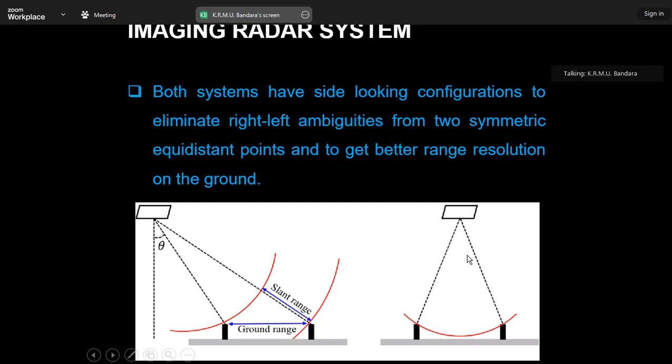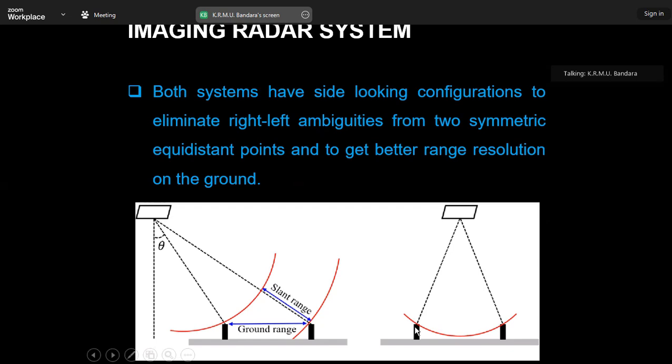The radar pulse comes like this and touches these two places at the same time, because this is the center, and this is the radius of the curve. The pulses come as a curve, so both distances are equal.